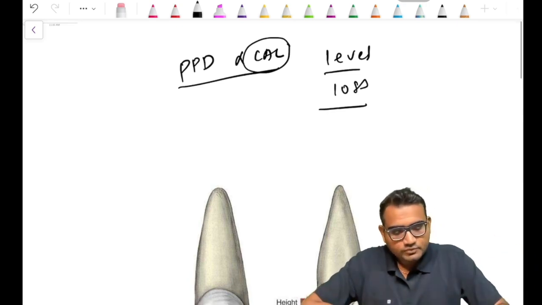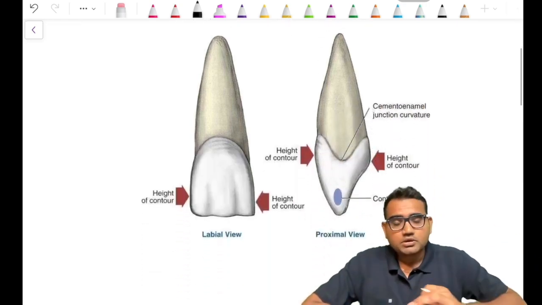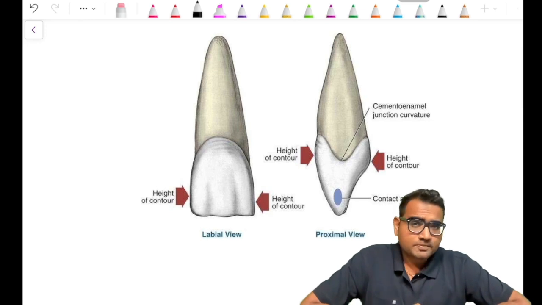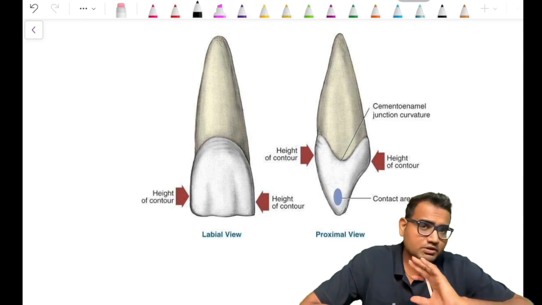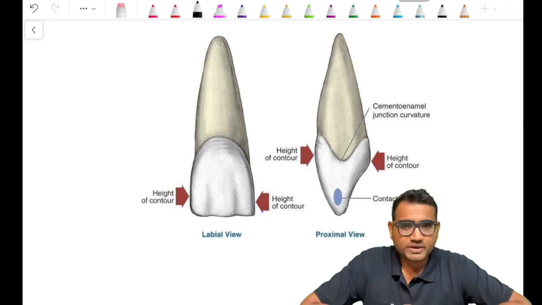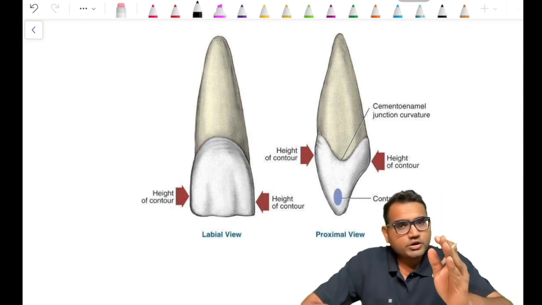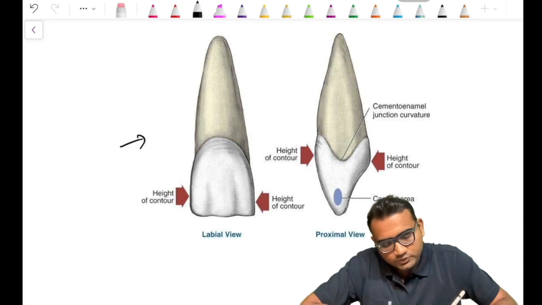Okay. So moving on, as we all know, cemento enamel junction is one of the constant structures, or constant reference points, in a tooth. Okay, it does not vary. If you look at buccally, this is the buccal view.